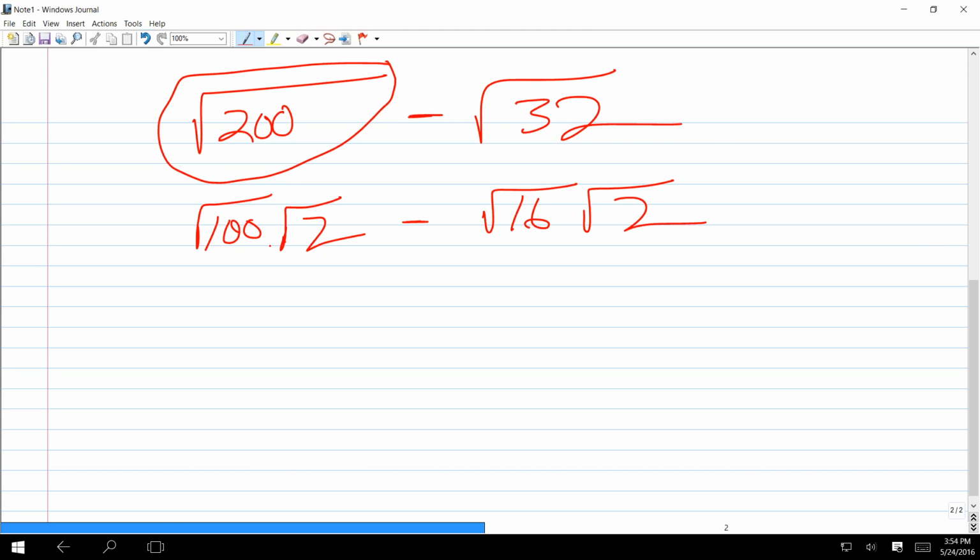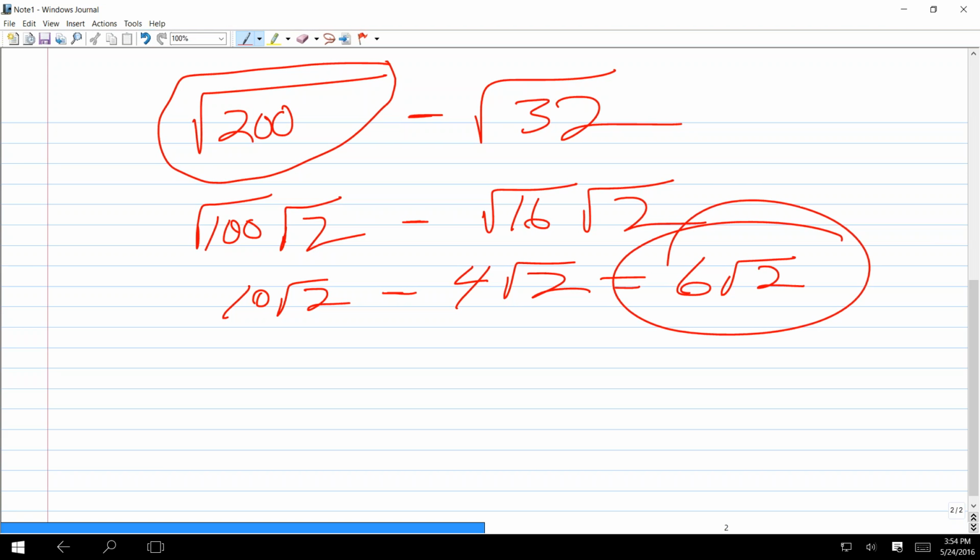Now this part becomes 10 root 2 minus 4 root 2. How many root 2 is that? 6 root 2. There's your answer. In other words, once I convert these to the same root, then I can add or subtract them.